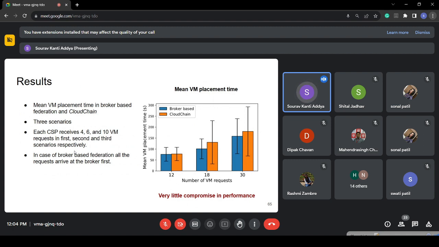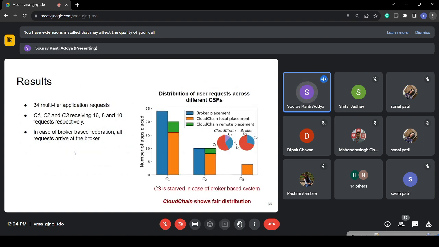Here we can see certain numbers. We have 34 multi-tier application requests as input, and there are 3 clouds, C1, C2 and C3, which are receiving 16, 8 and 10 requests respectively.